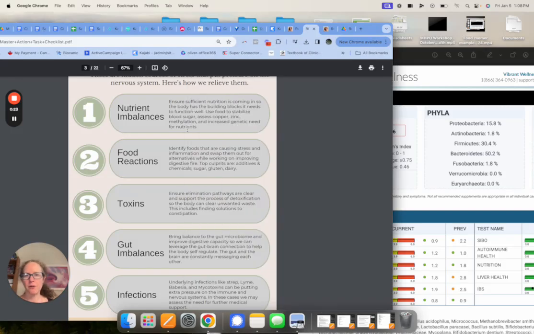Back to our model first, though, remember, all of these tests are looking for sources of inflammation and stress. These are things that are causing the nervous system to feel threat for a variety of different reasons.